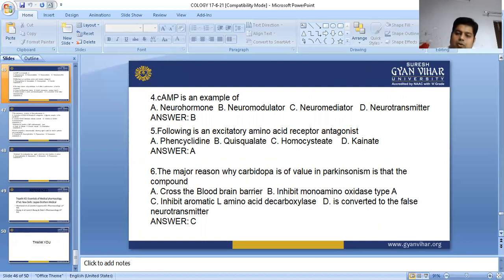The answer is neuromodulator. Following is the excitatory amino acid receptor antagonist. The answer is phencyclidine. The major reason carbidopa is of value in Parkinson's is that it inhibits the aromatic L amino acid decarboxylase enzyme.